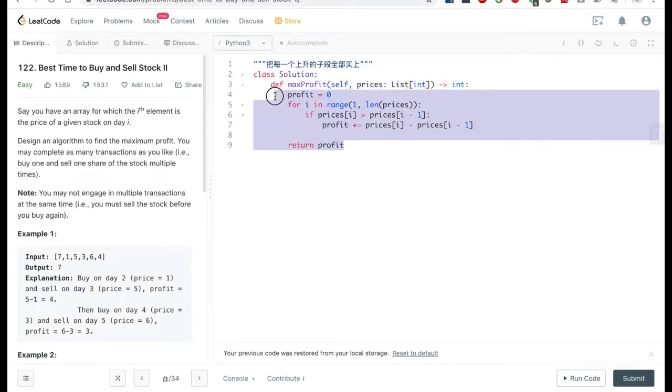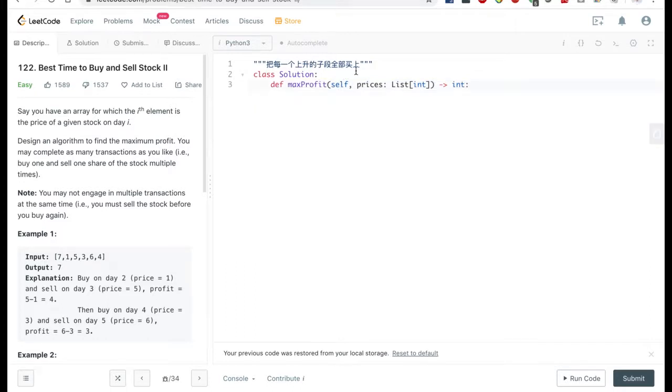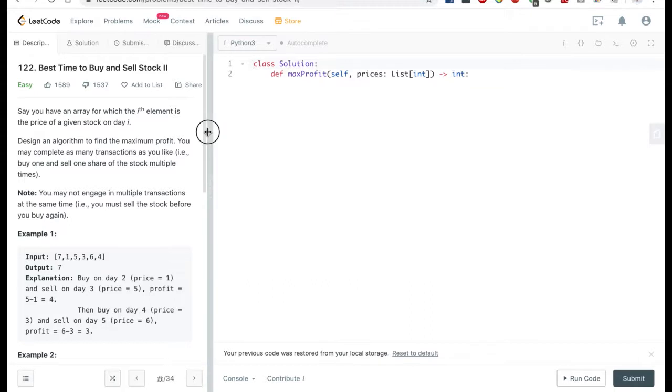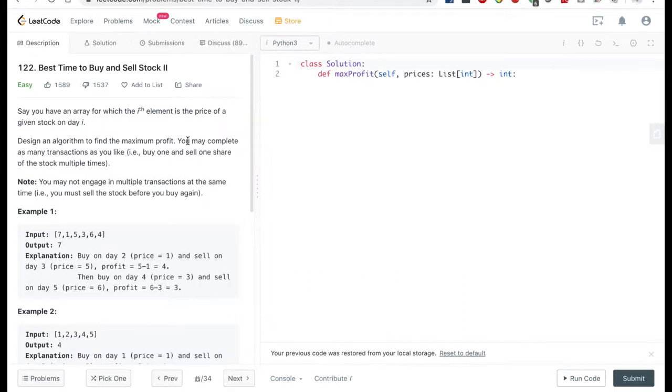For this one, we can make as many transactions as we like, but we should make sure that we must sell the stock before we buy it again.